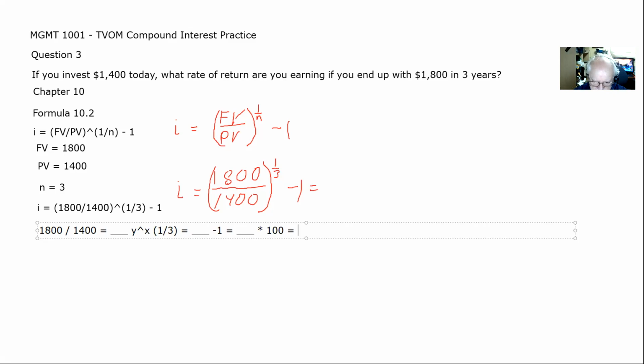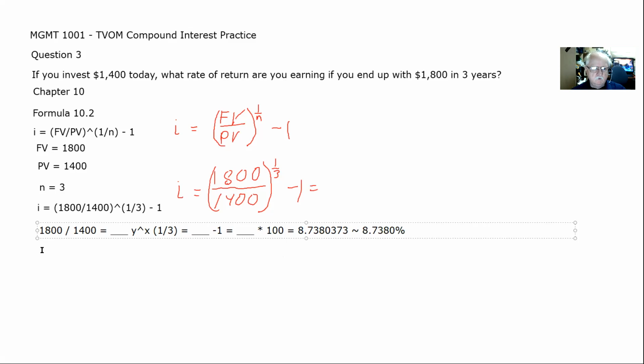And the number I get is 8.7380373. We don't know how many decimal places we're being asked for, so I'm going to assume 4 decimals. So it's going to be 8.7380%.